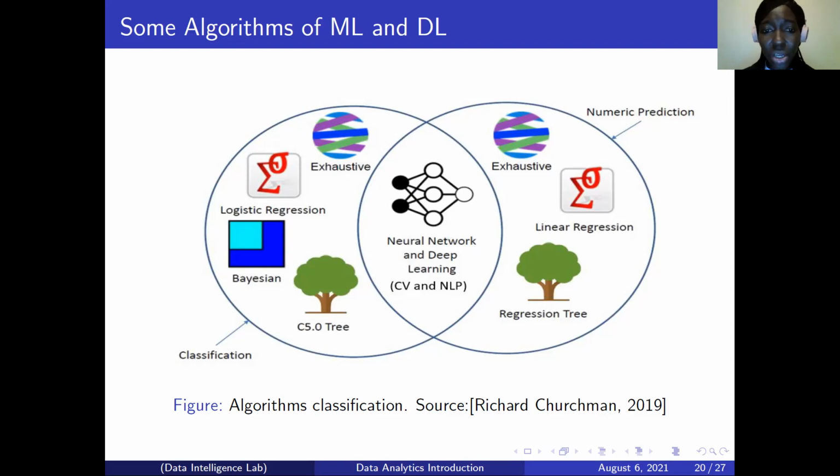Then, like I mentioned earlier, the deep learning algorithms are a fusion of classification and numeric prediction that run on a very, very large network of learning and relearning the models towards bringing up deeper insights. So deep learning is synonymous with bringing up deep insights, right?